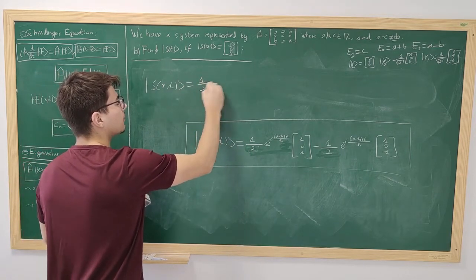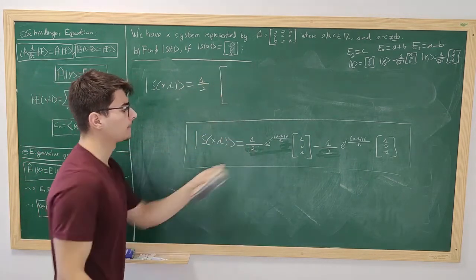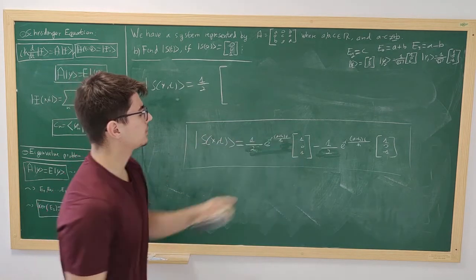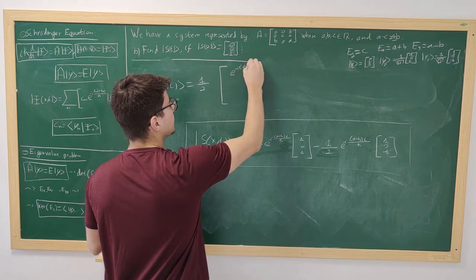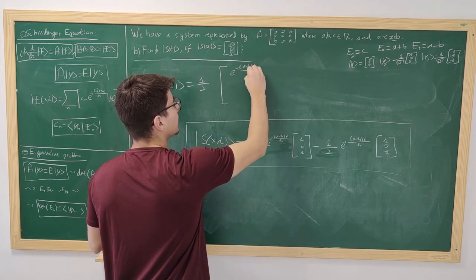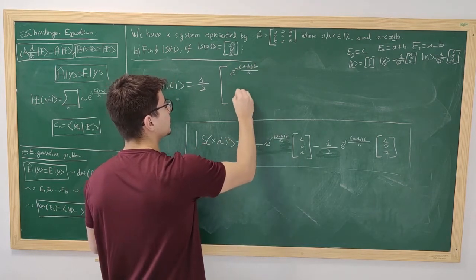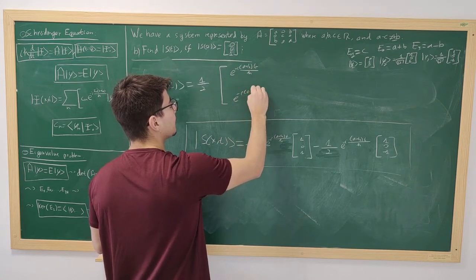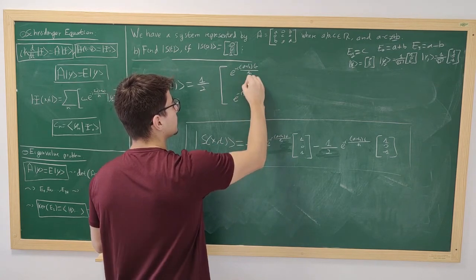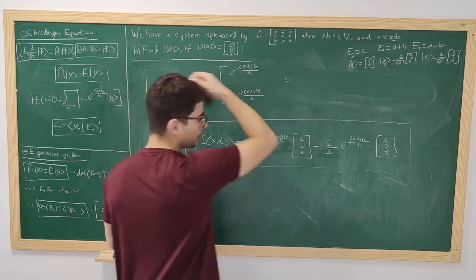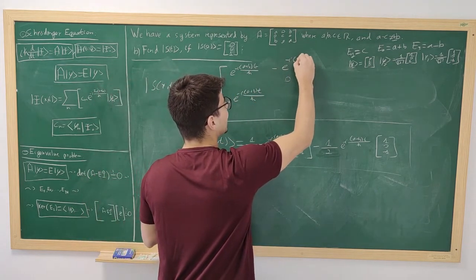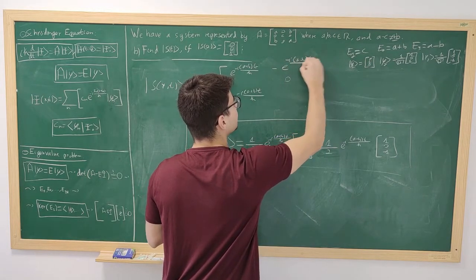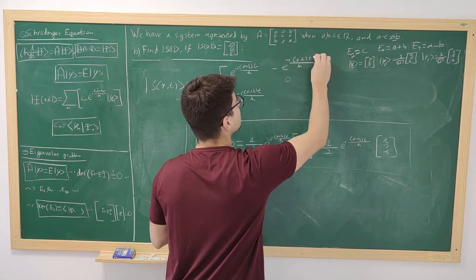Just take the 1/2 and write e to the minus i, a plus b, t over h bar, and likewise e to the minus i, a plus b, t over h bar, and this is just 0, minus e to the minus i, a minus b, t over h bar.